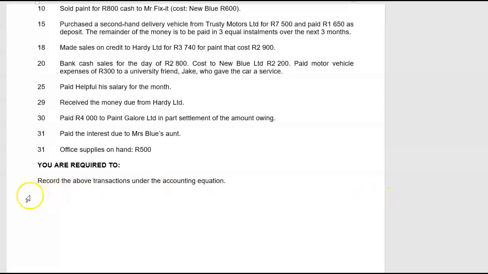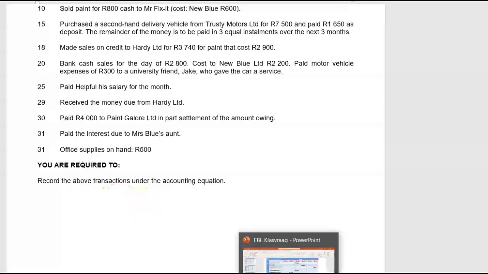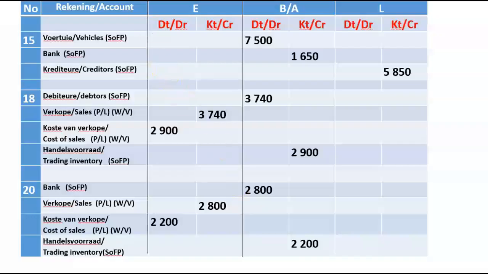Or I can tell you, look, I want to see assets, debit and credit equals equity, debit and credit, plus liabilities, debit and credit. Now in this question, they don't give you the format, so basically as long as you've shown it in the accounting equation, it would have been fine. But in a test and exam, like I said, please follow the instructions.